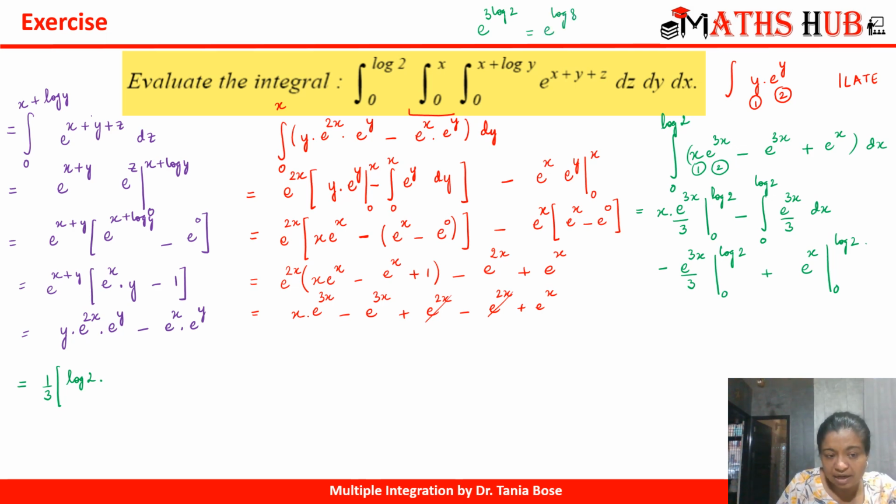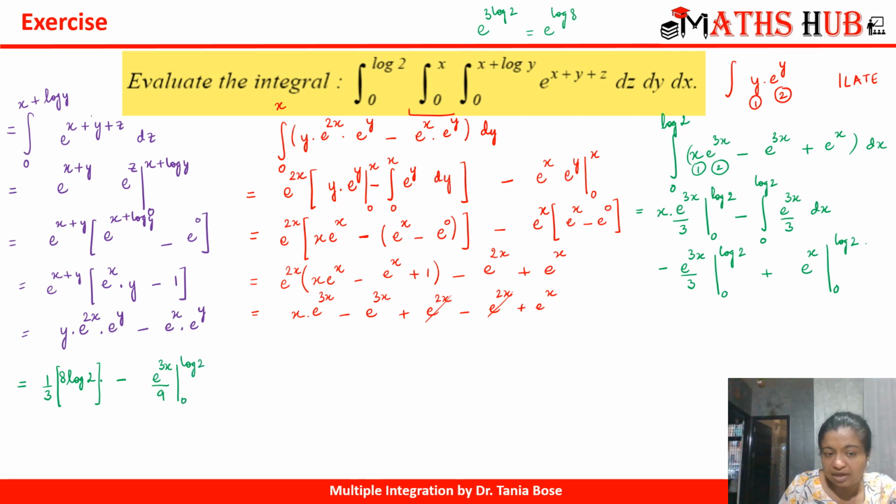So it will simply become 8 log 2, right? And when I put in 0, it will become 0, right? The next term is minus, so this term is this much only. Then we have minus 1 by 3 is already there. So when I integrate it, I'll get e to the power 3x by 9, 0 to log 2.